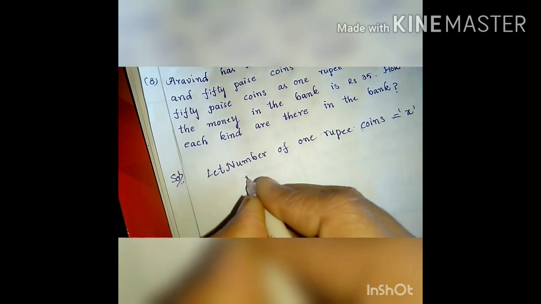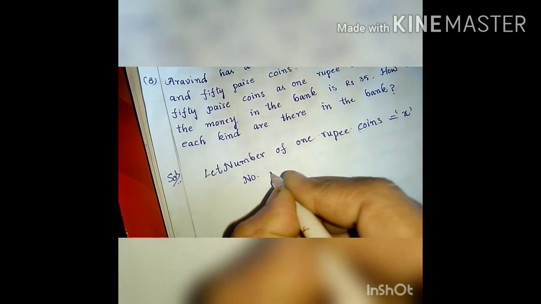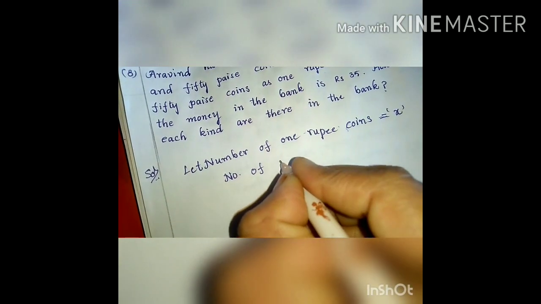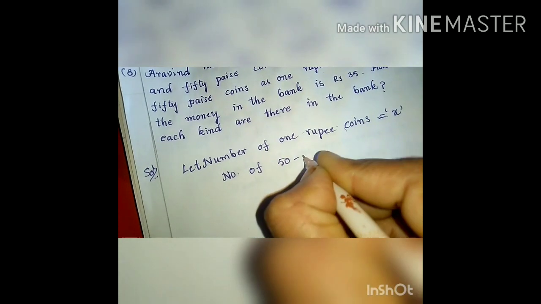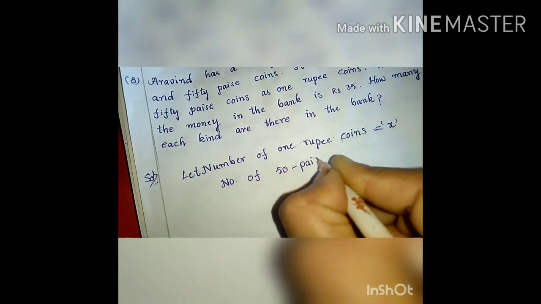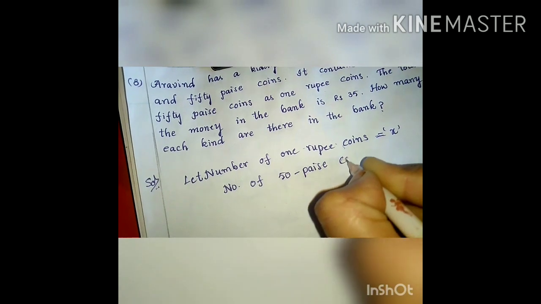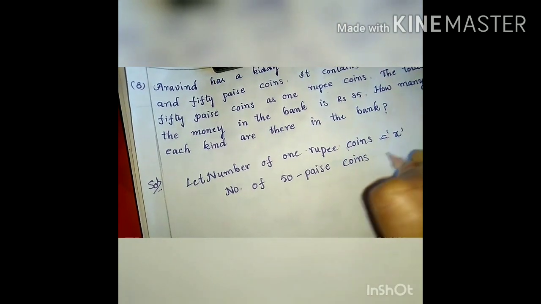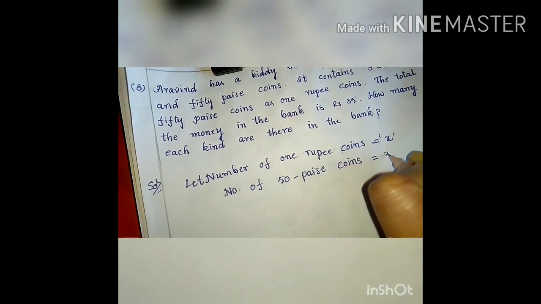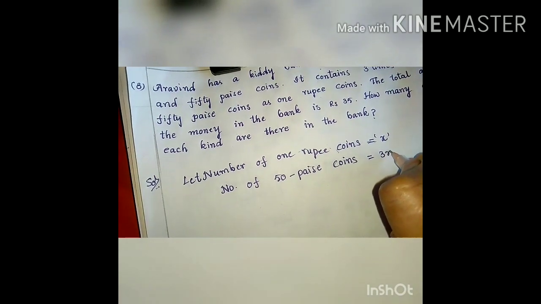Next, the number of 50 paisa coins equals 3 times the 1 rupee coins.